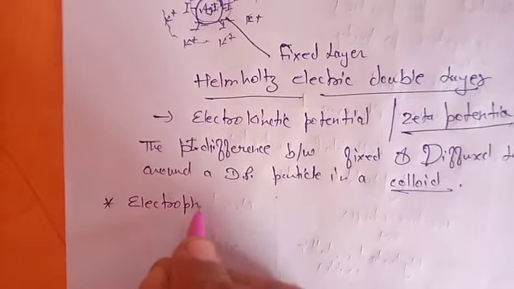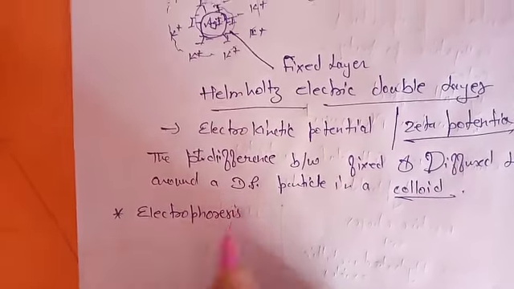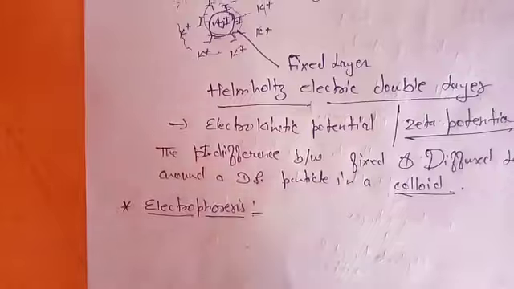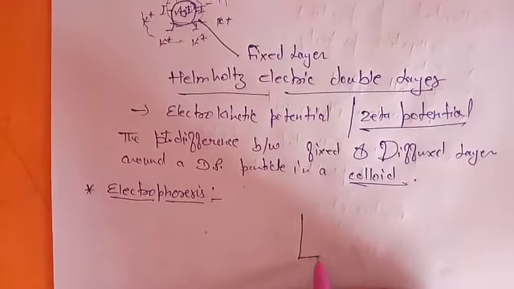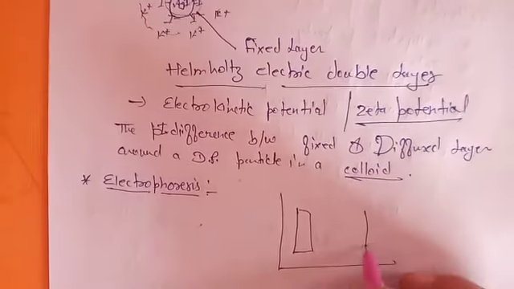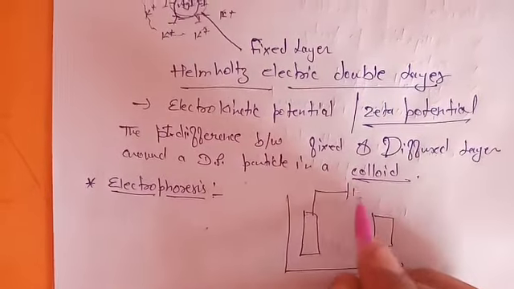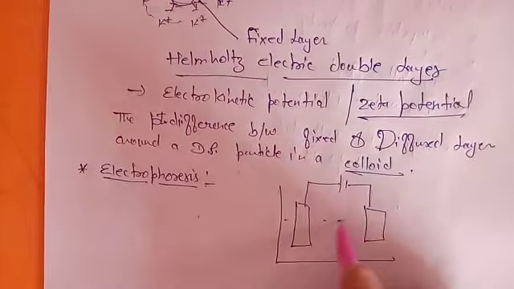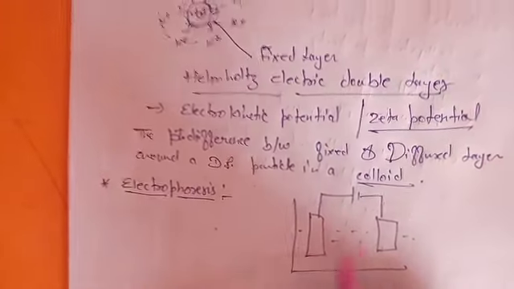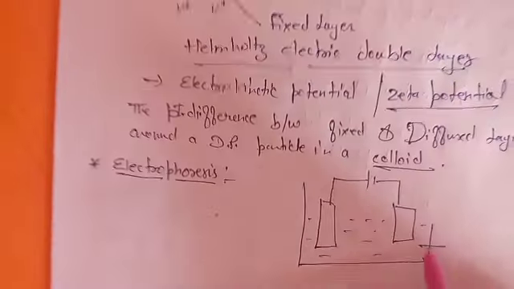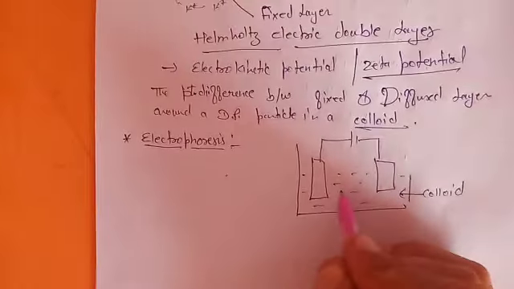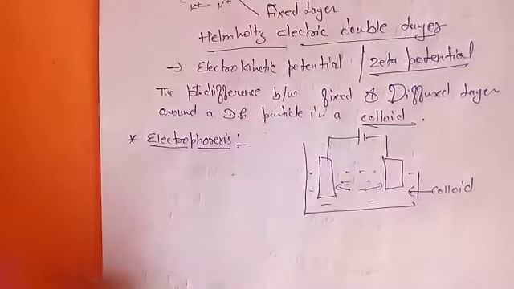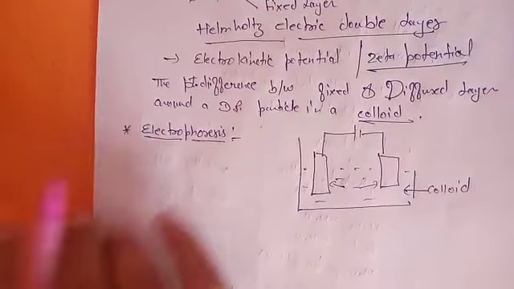Now we all know that they have charge, so they show another property, known as electrophoresis. What is electrophoresis? If you put a colloid between two platinum electrodes and pass electric current, the colloidal particles start moving towards the oppositely charged electrode.